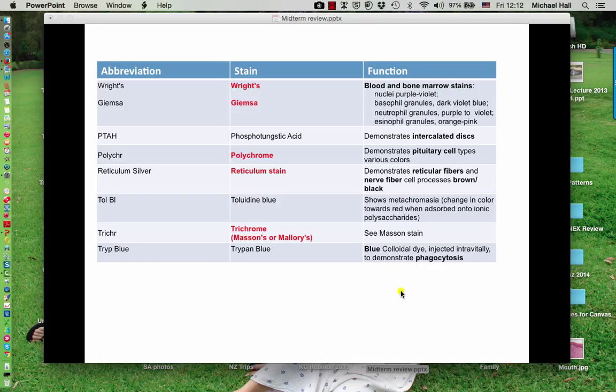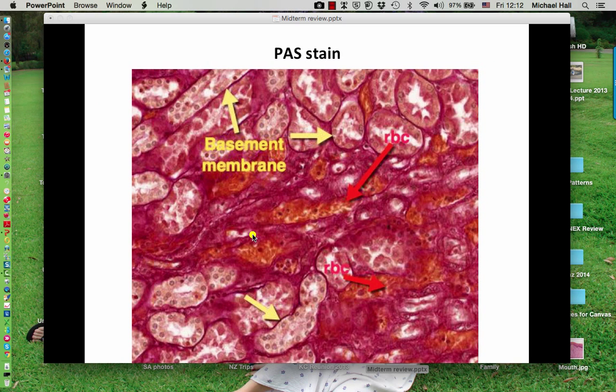And then there is the Polychrome stain, which is equivalent to the trichrome stain, and as I've put down here, trichrome, which can be Masson's or Mallory's, but they're the same kind of thing. So you could just identify a slide as trichrome or Masson's or Mallory's or even Polychrome. They're all pretty much the same. The others you haven't looked at yet, so don't worry about them.